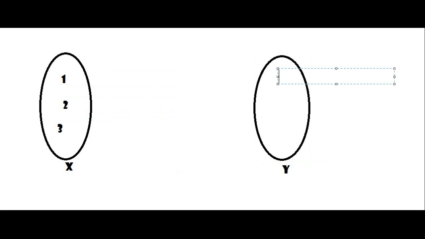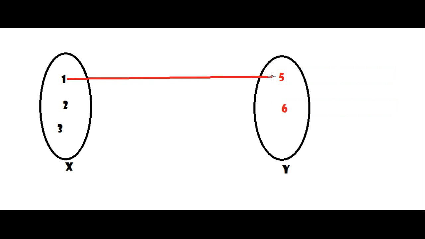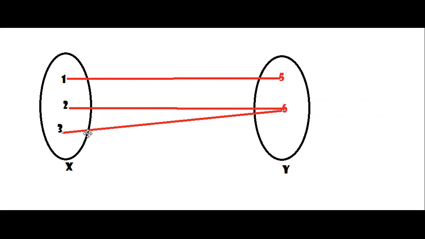Now y has elements 5 and 6. Now 1 likes 5, that means 1 is mapping into 5, 2 is mapping into 6, and 3 also likes 6, that means 3 also is mapping into 6.